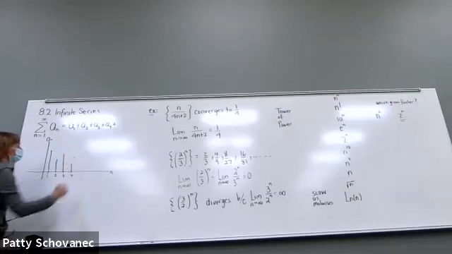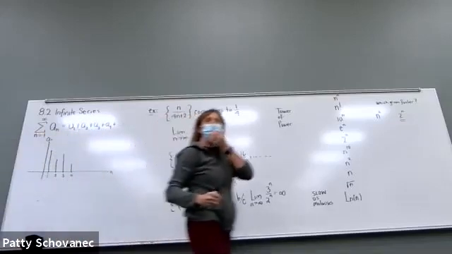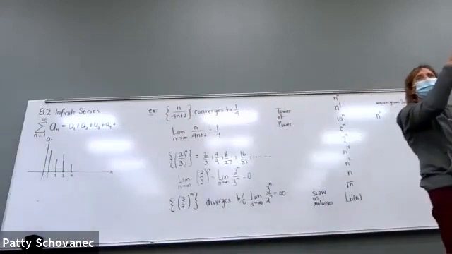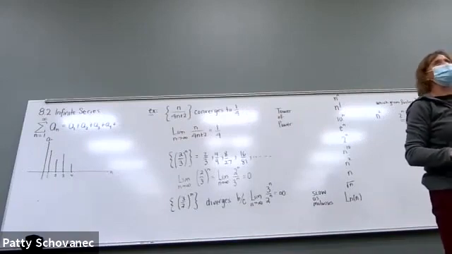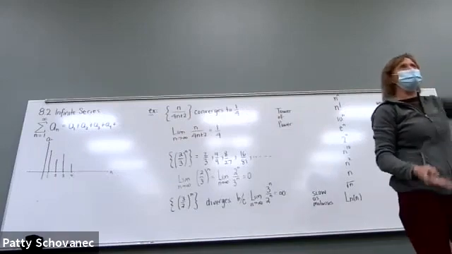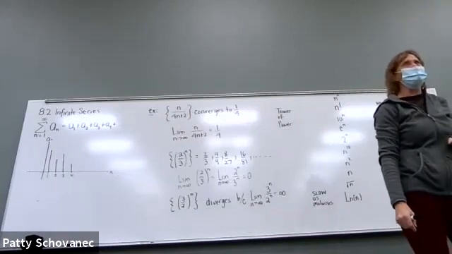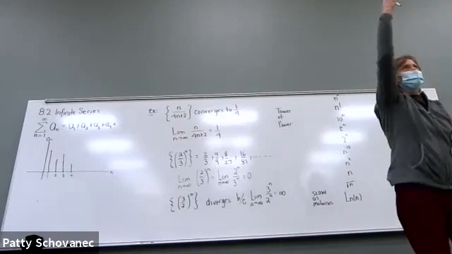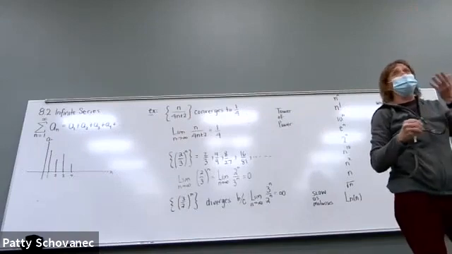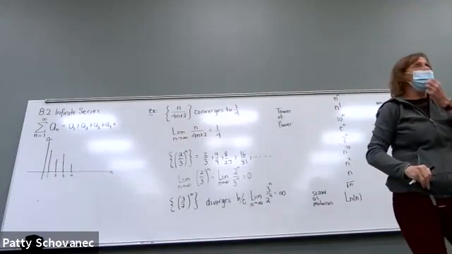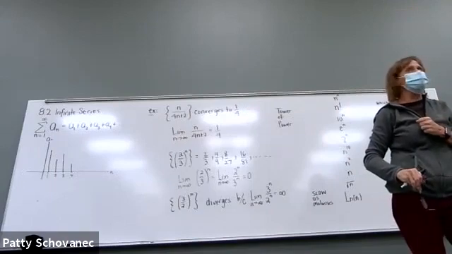You take all of those sticks, the heights above each of the counting numbers, and stack them one on top of the other, all the way down here to infinity. If the length of that cumulative stick is finite, then the series converges to whatever that length is. But if that length keeps growing, or we've seen some that oscillated back and forth, then the series diverges.